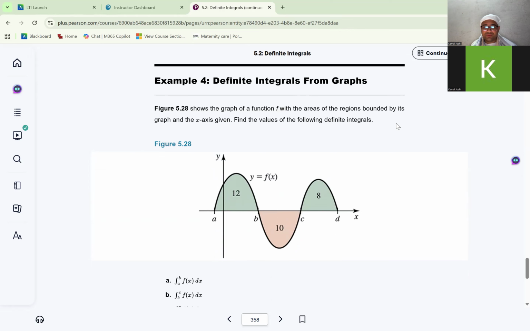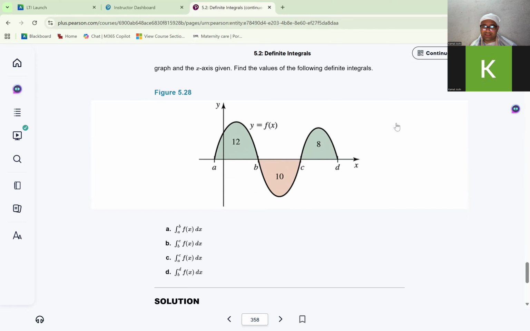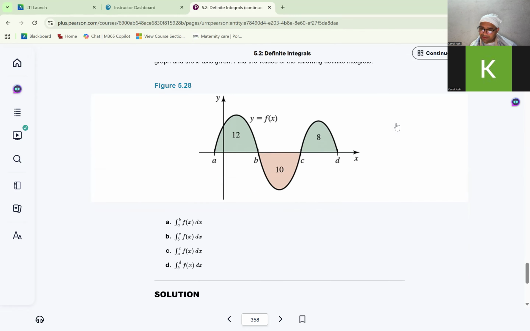Finally, here is a concept of some properties of definite integrals. For example, let's compute this. The integral from a to b is 12. The integral from b to c is minus 10. The integral from a to c will be 12 minus 10, which is 2.